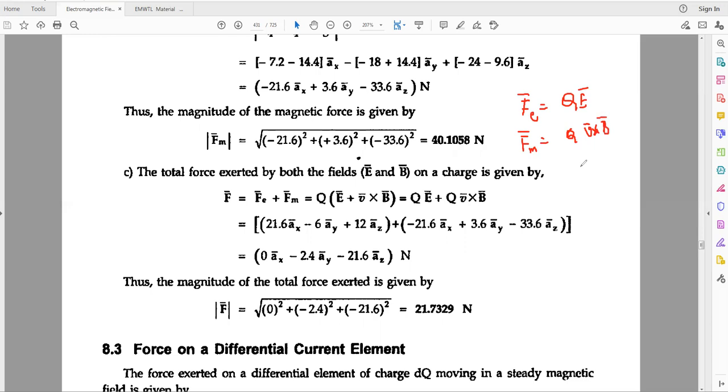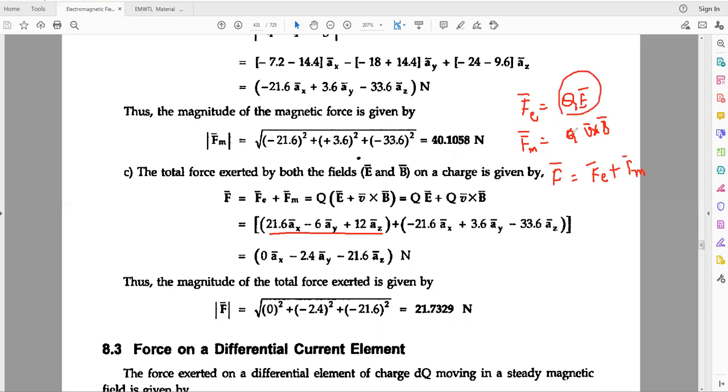Now what is Q into E bar? E bar is given. Multiply that with the charge, minus 1.2. You'll get the coefficients of ax, ay, and az. Then you can add the two functions: F bar is equal to Fe bar plus Fm bar.